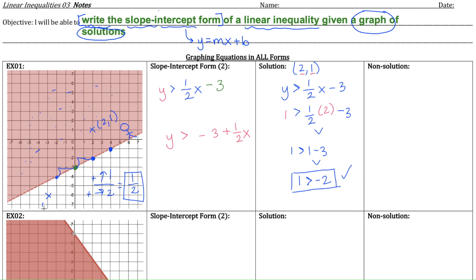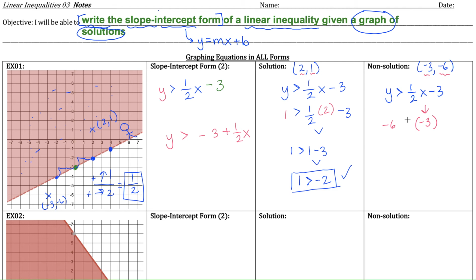So -3, -6 is not a solution. Remember, I could have picked any of these points also because they're not really here. So y is greater than 1 over 2x minus 3, and then negative 3 and negative 6.